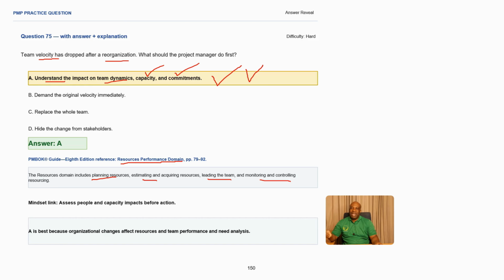So you reorganize the team, the amount of work they were able to complete in a sprint has been reduced. So you need to understand what was the impact of that. And what is the best mindset in this particular scenario? You need to assess people and capacity impacts before action. So before reorganization, the best was to assess the capacity and also the impact, making A the best answer because organizational changes affect resources and even team performance, and they need analysis before you take action, making A the best answer.